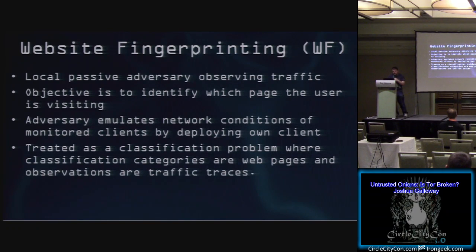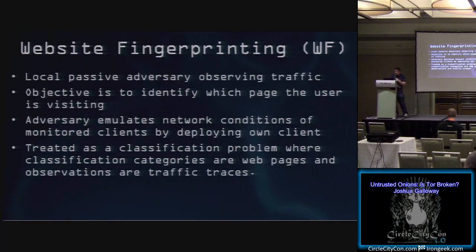The adversary has to browse to those sites themselves and record the traffic traces, and that is the data that is fed to the machine learning algorithm. The categories are the specific pages, and it would associate any traffic with that pattern with that category, which is that page.